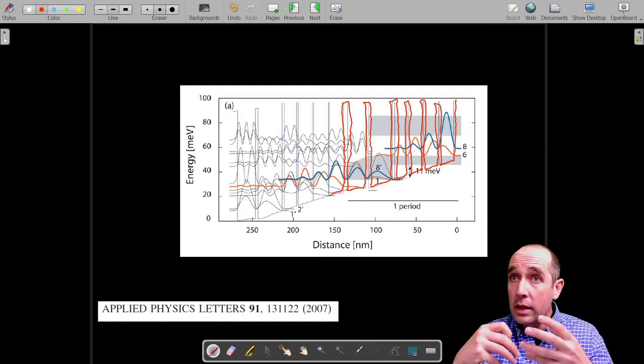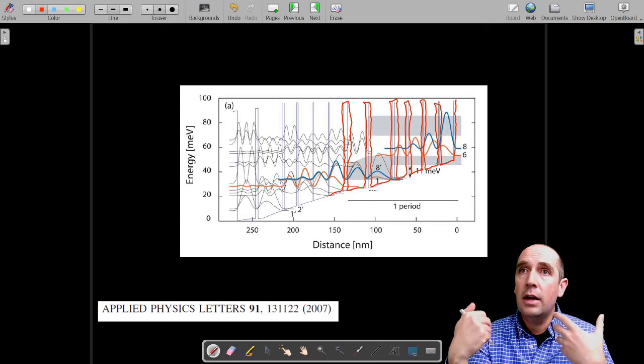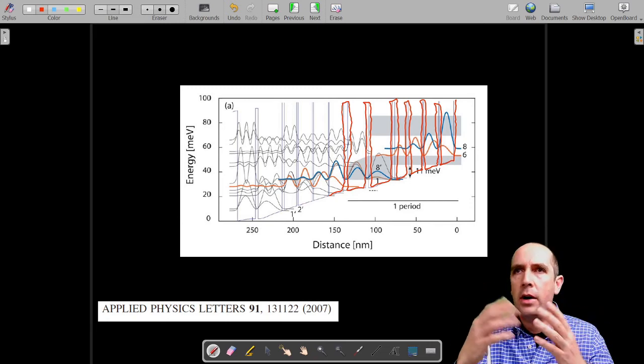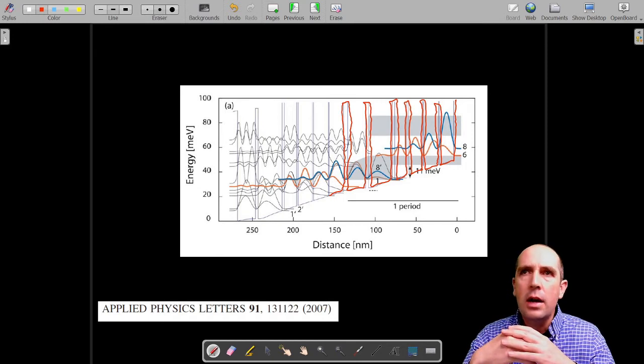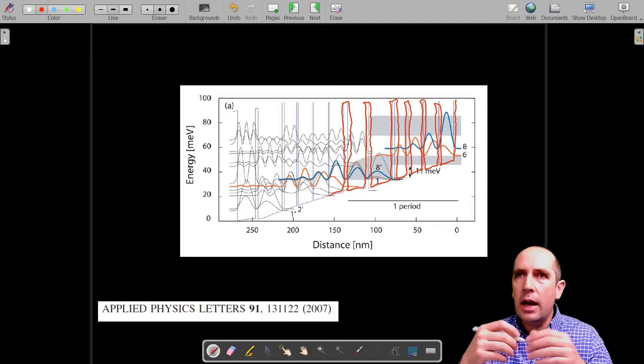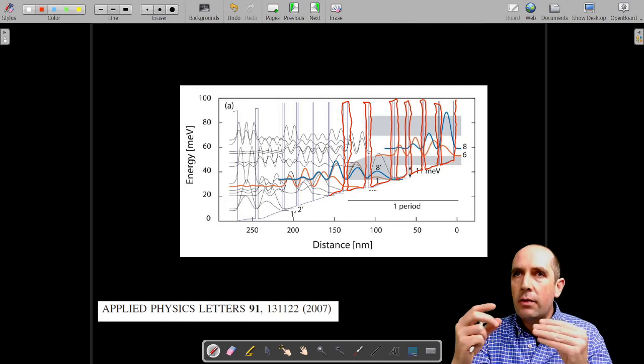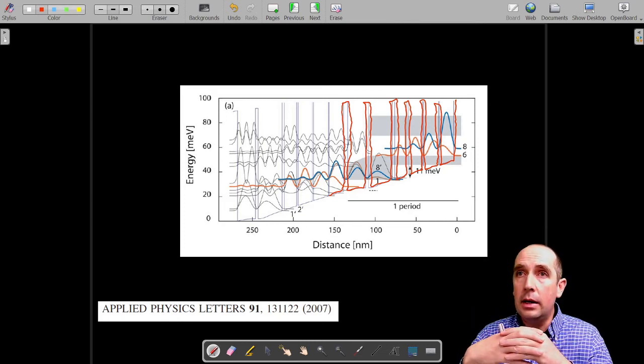And not only that, it's a quantum cascade laser that produces photons in the very far infrared. It's a region in which we don't really have any materials that can properly produce radiation, because the distance between the levels is so small that it's very hard to find the correct materials.